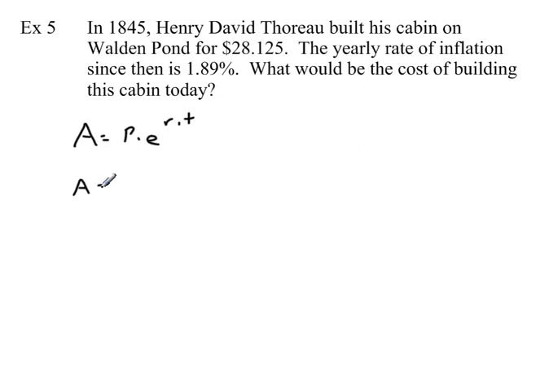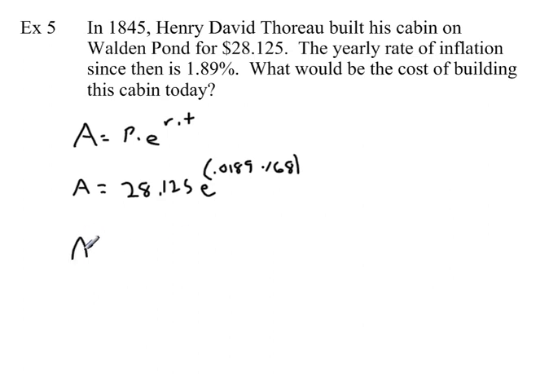So the final amount would equal the initial cost, $28.125, times e to the rate, which is 0.0189, times t. We need the time since 1845. Well, I'm just going to use 2013 as the year, and 2013 minus 1845, that's 168 years. All right, so 28.125 times e to this power here should tell us what this would cost him today.